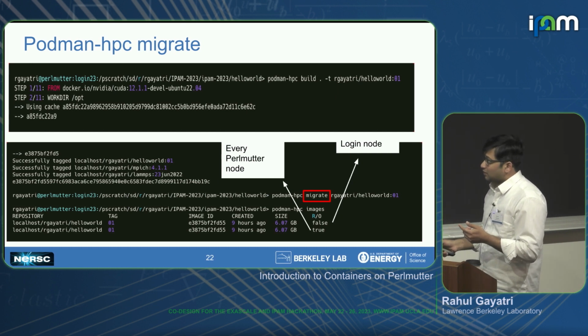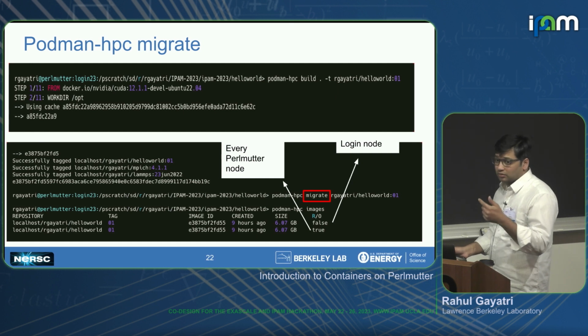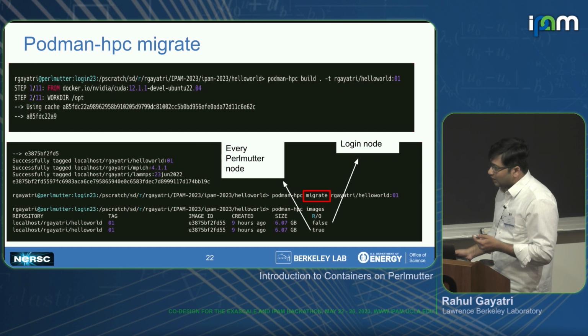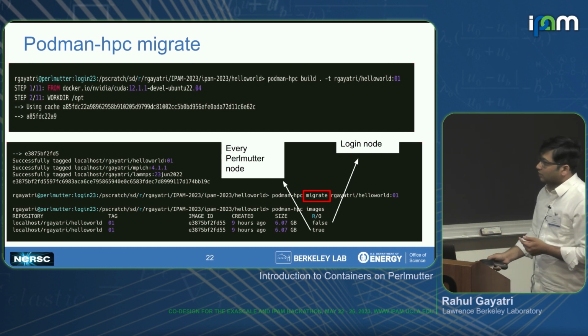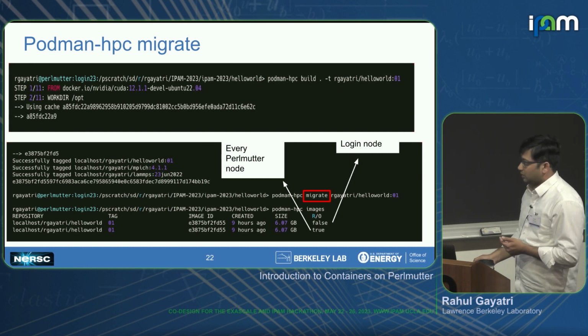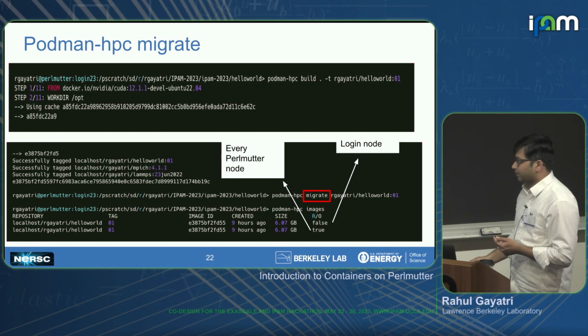This snapshot was taken after I built the image once already, so it's saying I'm using the cache which already exists on the login node that you ran on. But it should work fine. And at the end, it will say successfully tagged this image hello world with the tag 01. This is the last successful message that you'll find.